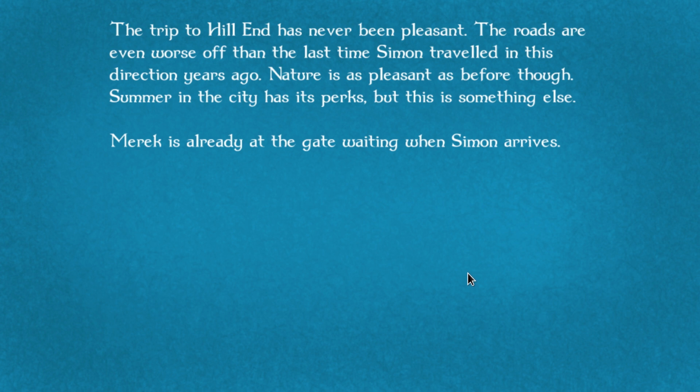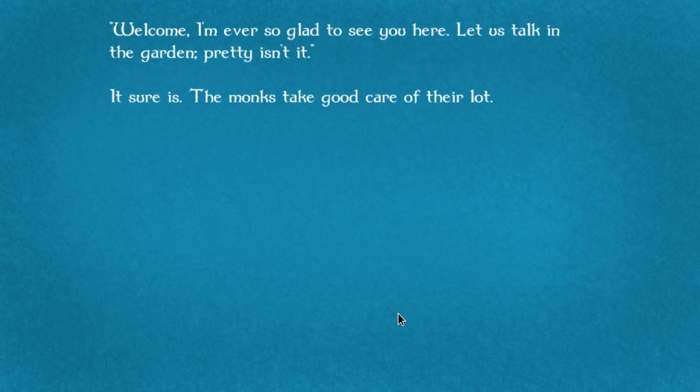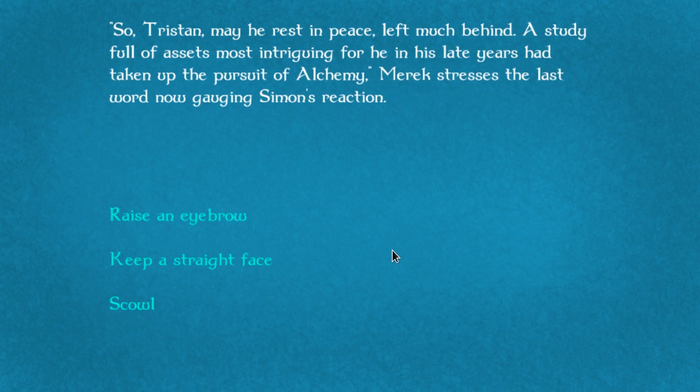Nature is as pleasant as before though. Some in the city has its perks, but this is something else. Merrick is already at the gate waiting when Simon arrives. And then finally we get a little bit of, well, finally, that was the intro. It's nothing compared to a novel. They take good care. So there we go, a few choices.